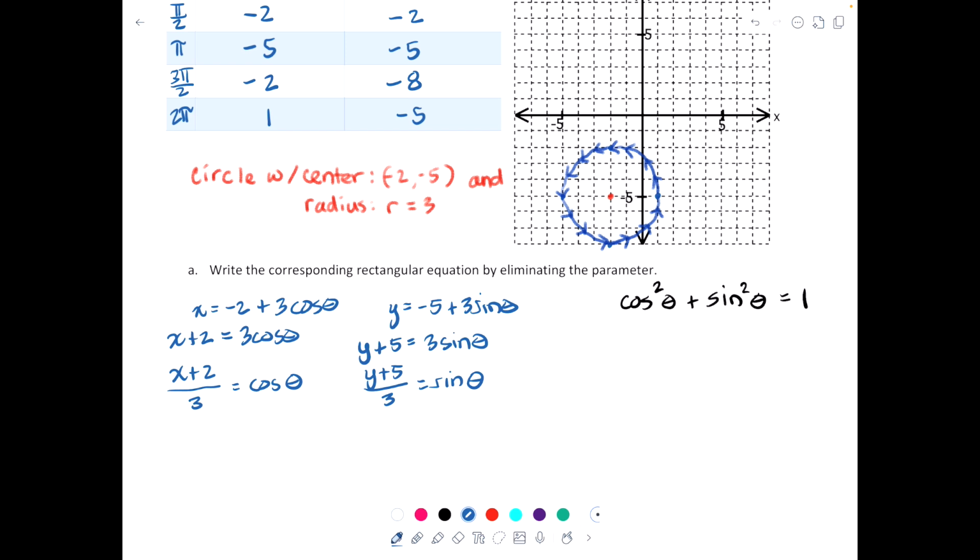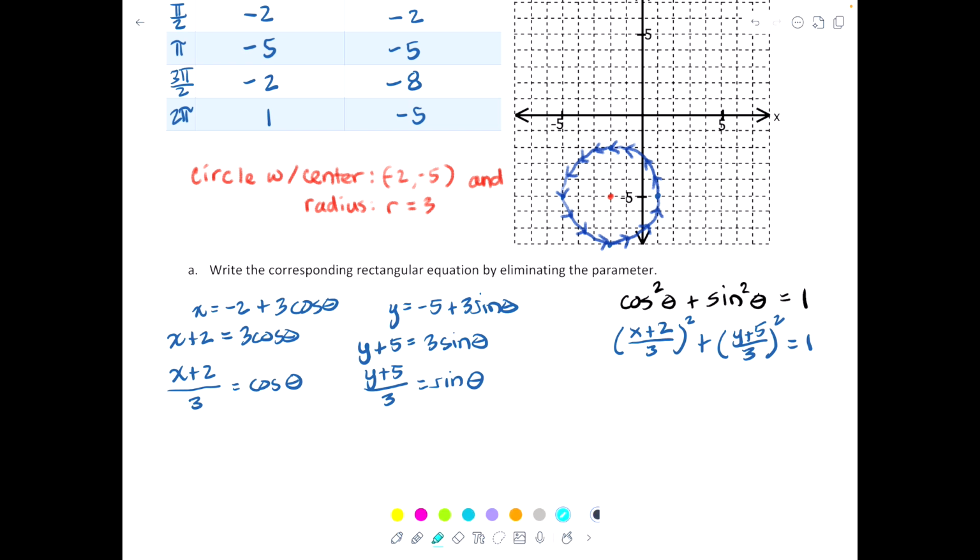And now, if I plug these in here, what will happen is I will have, in for cosine theta, x plus 2 over 3, and cosine theta is being squared. And then in for sine theta, I have y plus 5 over 3, and then that's all equal to 1, and then I'm squaring the sine function.